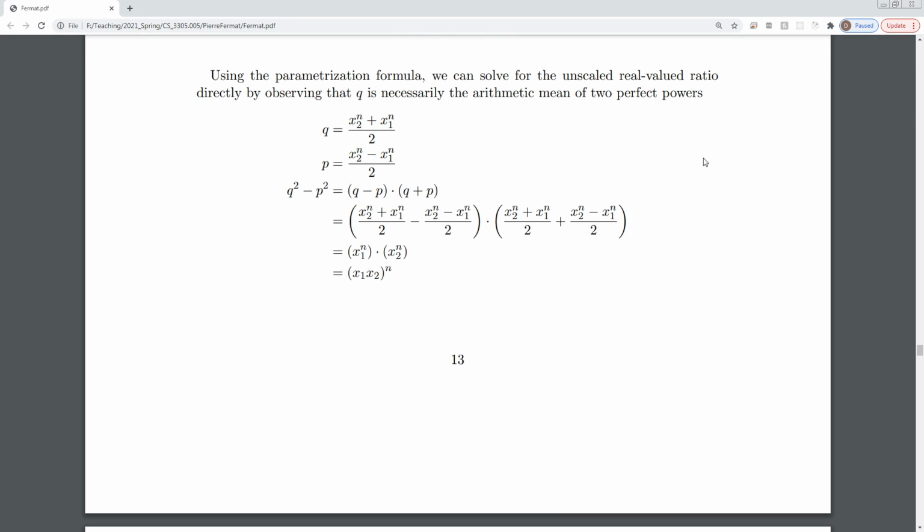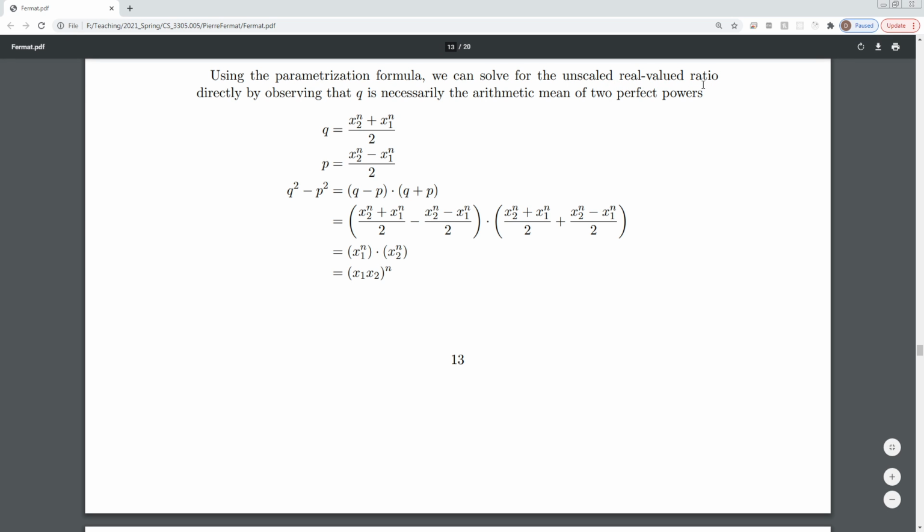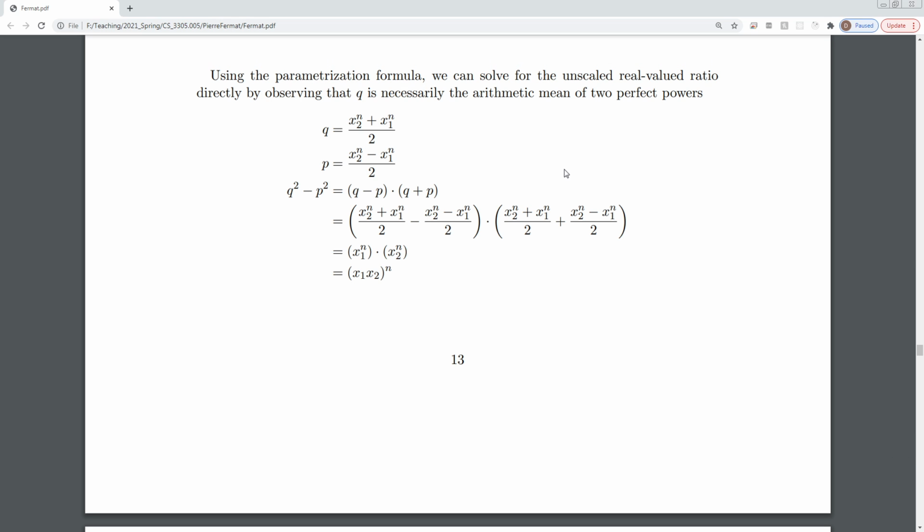So then if we consider just the unscaled real valued ratio, so we had a to the n to begin with, we see that we have to obtain it from q squared minus p squared. So let's say that we are able to find something that has some extricable exponent.